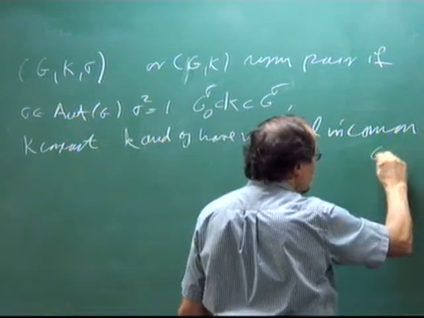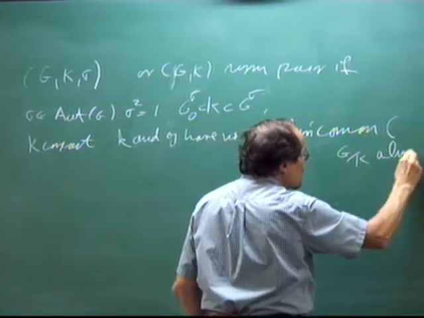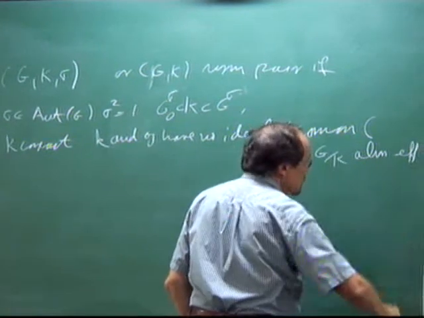Remember, this means G mod K is almost effective, which is a natural assumption.